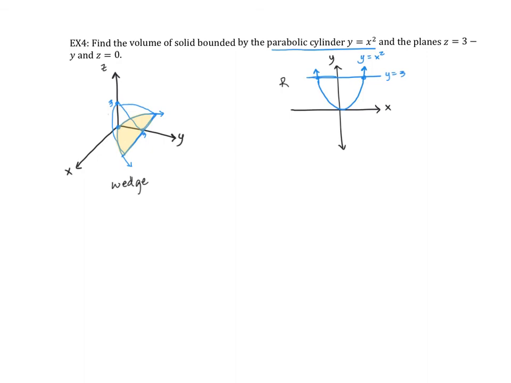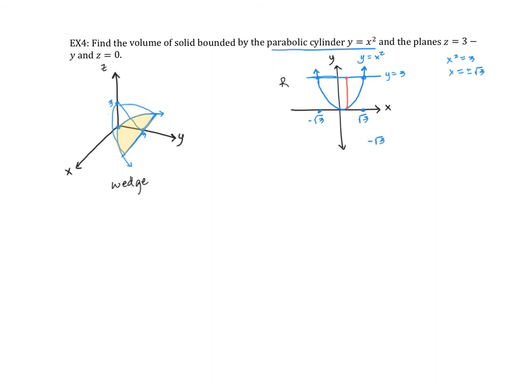So if you look at where my x values are, when I set those two equations equal, we're just solving x squared equal to 3, so x is equal to plus or minus the square root of 3. So negative square root of 3 and positive square root of 3 would be my limits of integration for x. And then my y values, again, I'm just going to draw a representative line parallel to the y-axis, which tells me that my lower limit is x squared, my upper limit is y equal to 3.